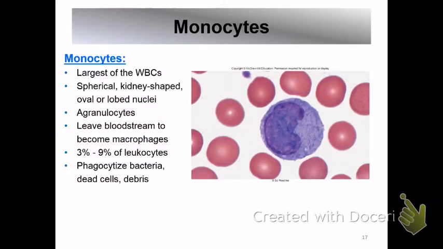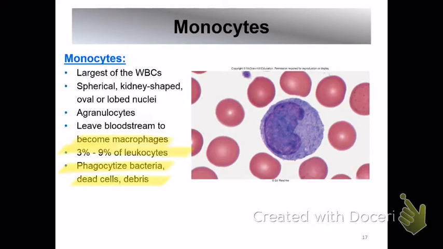Okay, monocytes, they're the biggest ones. They are in a percentage of 3 to 9. They phagocytize bacteria, dead cells, and then just dirt, grimy stuff that gets in like in a splinter or whatever. So those are the monocytes. And monocytes become, there it is, they become macrophages.